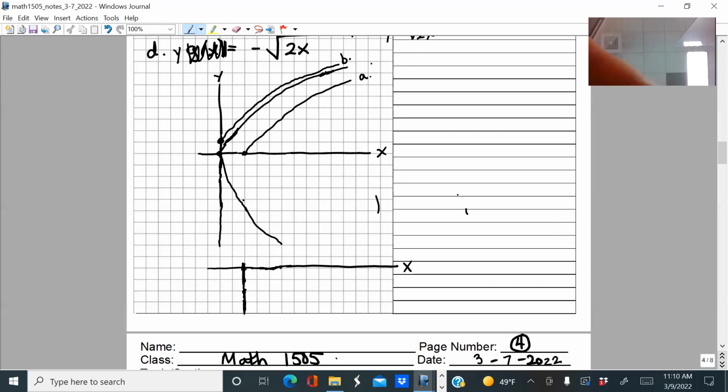So this graph is rotating down, but it's not going to look exactly the same because it's getting shrunk in the horizontal direction, by a factor of 1/2. Here's the extent of the curve before. Now the extent of the curve is going to be 1/2 of that. It's going to look something like this.